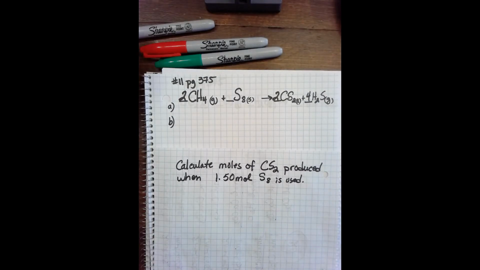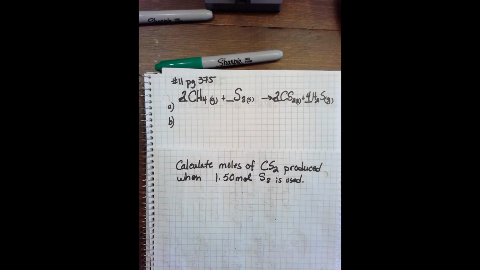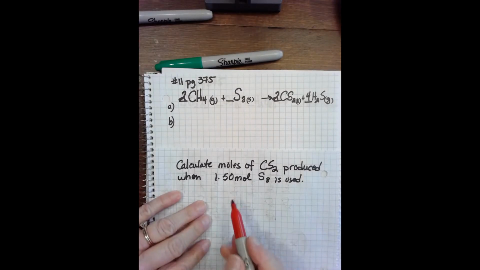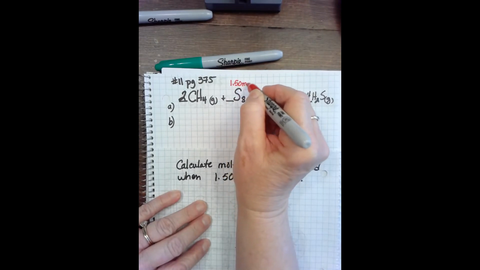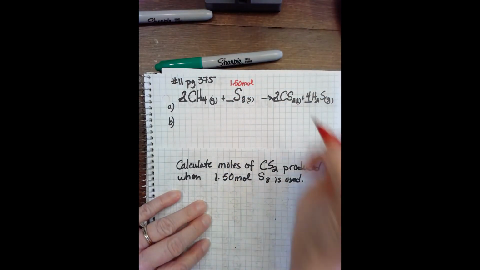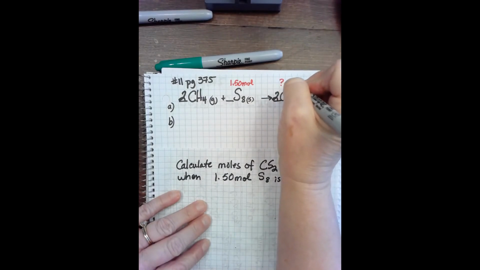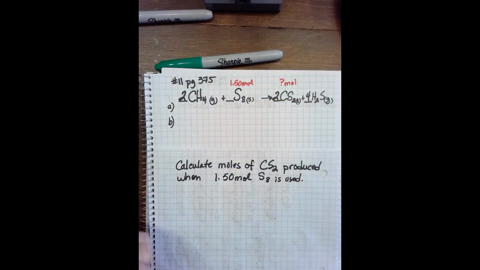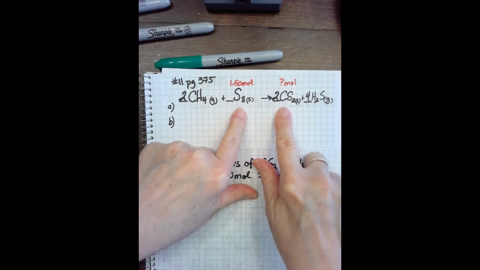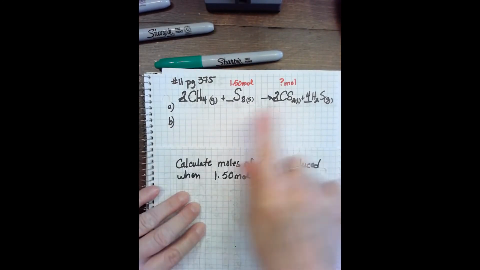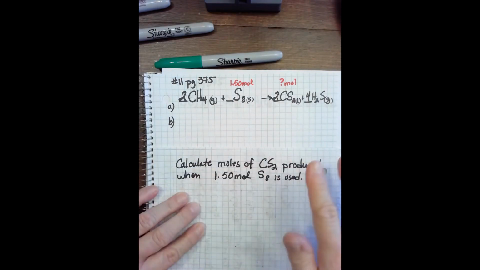Sometimes I will even write what I know. So I know that I have 1.50 moles of this, and I want to know how many moles of this. Right now, that's the only mole ratio that I care about, even though I could write one for everything else here.